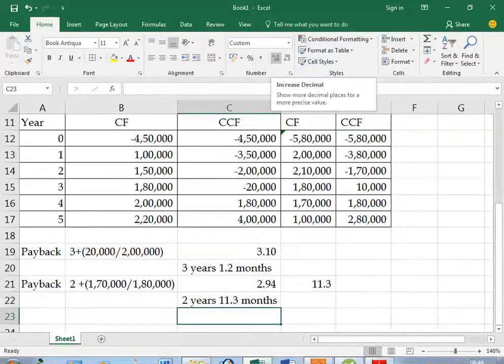The focus of today's class will be to understand all the basics of capital budgeting which we have done earlier. So first answer is 3 years 1.2 months, second is 2 years and 11.3 months. That's as far as payback is concerned. Can I proceed to the second technique?